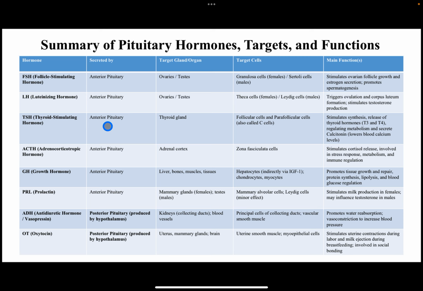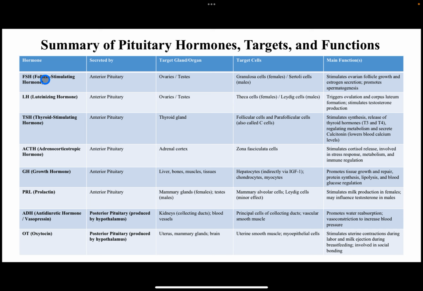These are the anterior pituitary gland hormones. They are produced, stored, and released in the pituitary gland, specifically the anterior pituitary. But these two, okay, they are stored and released in the posterior pituitary, but they are not produced there.